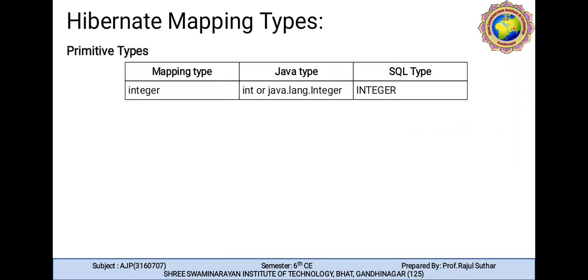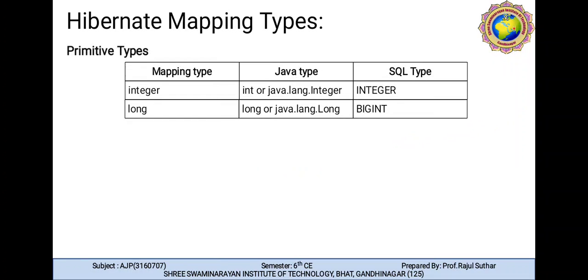Here, for primitive data types, if you are using integer for mapping, in Java we simply use int or java.lang.Integer, while in SQL type we use INTEGER in capital format. Then the long data type: in Java it is long or java.lang.Long, while in SQL type we have to use BIGINT instead of long.